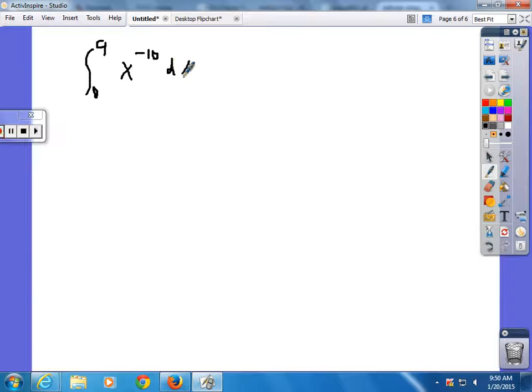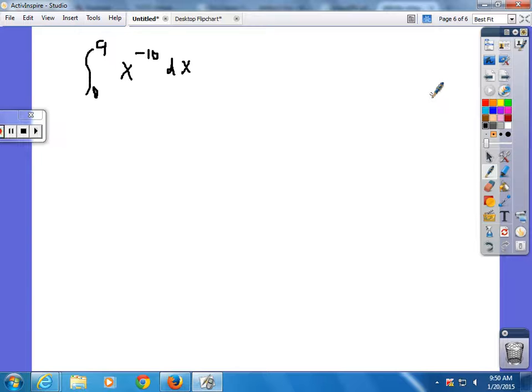All right, what's the first thing you need to do to make this problem easy? You don't have to put the negative 10 downstairs. You don't have to do that, but some people would. I would just go ahead and take the negative 10 and add 1 to it.